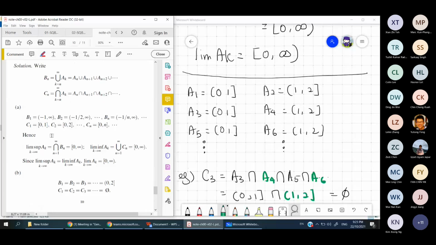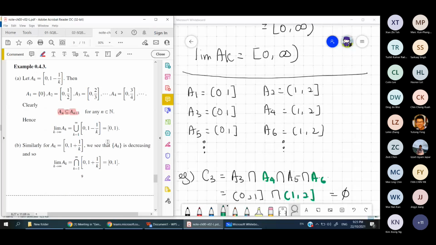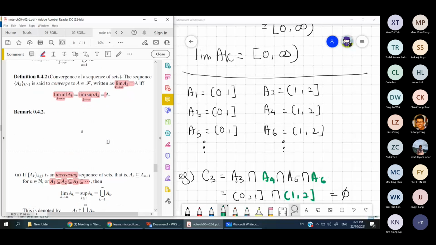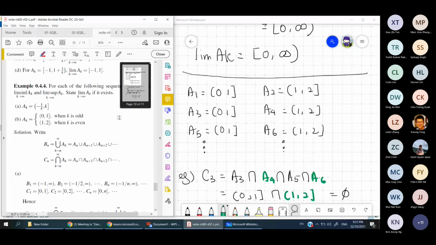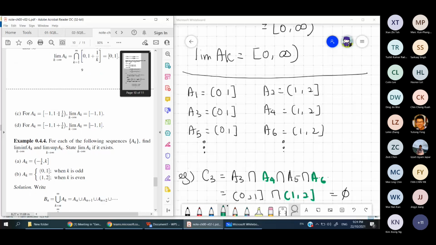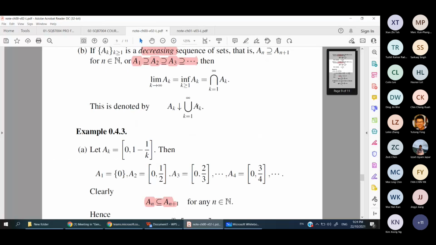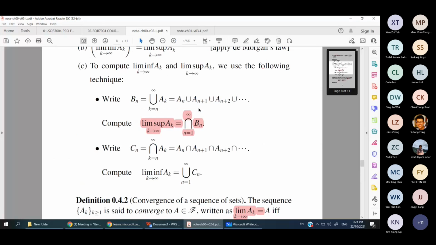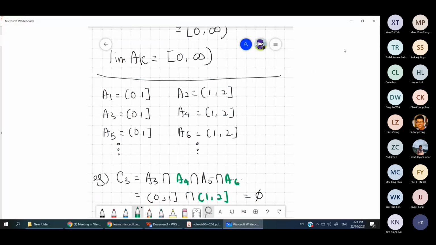If I give you a sequence of sets, how do you compute the limit infimum and limit supremum? I think maybe this will be better. We'll refer to this one.